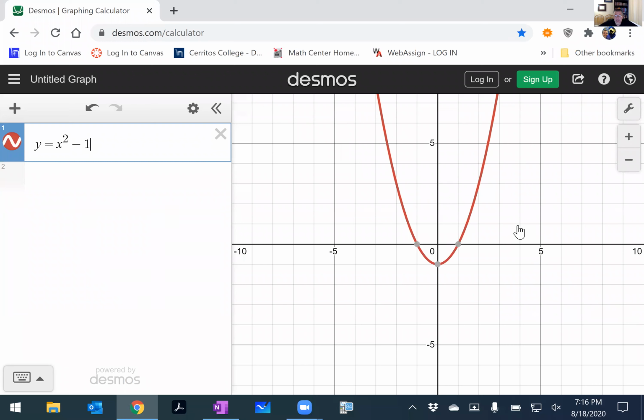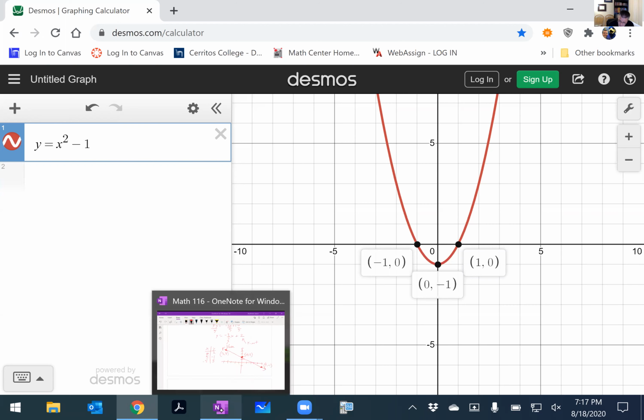And we get this guy here that's called a parabola. We can see 3 nice points that the parabola goes through: -1, 0, 0, -1, and 1, 0. That is the 1 y-intercept and the 2 x-intercepts.